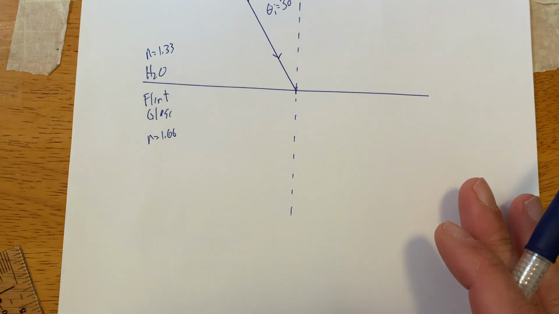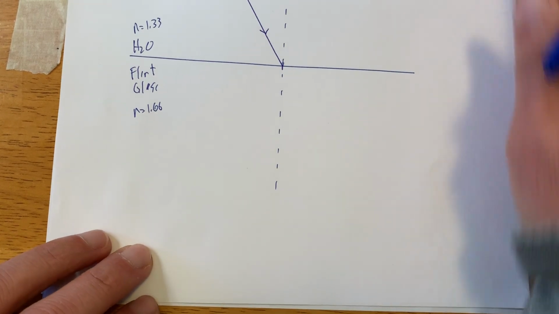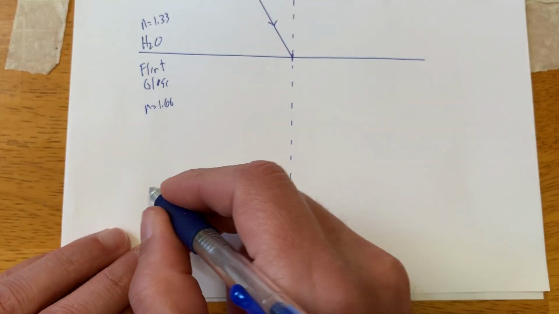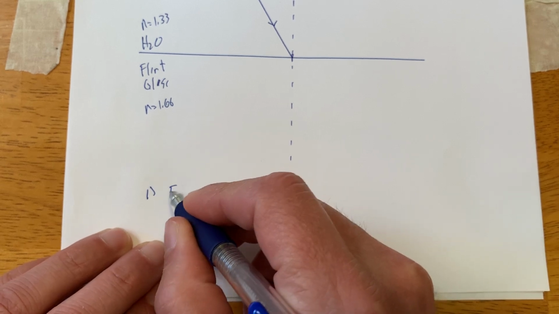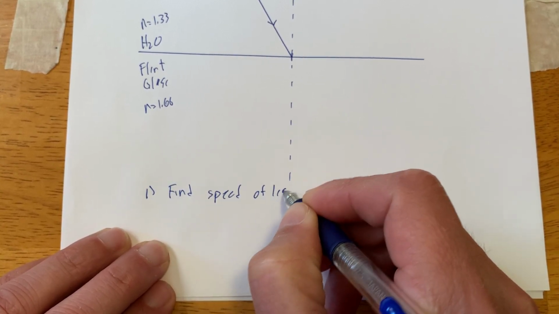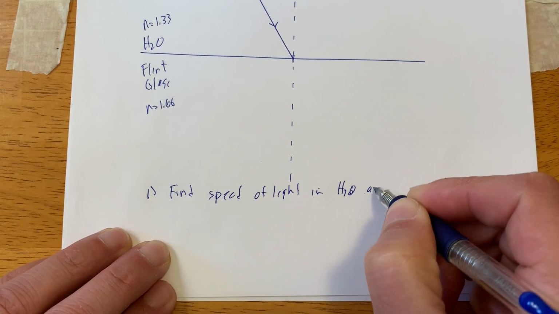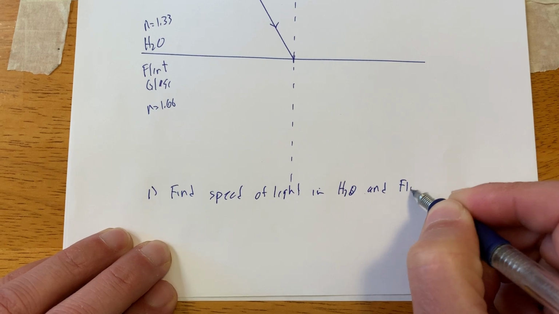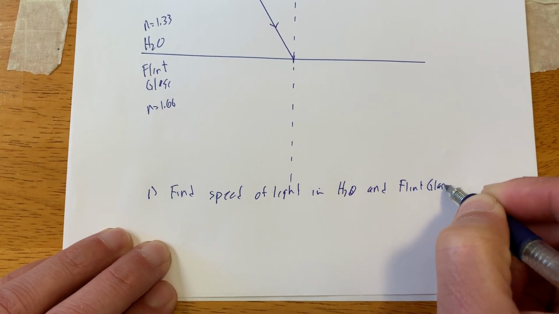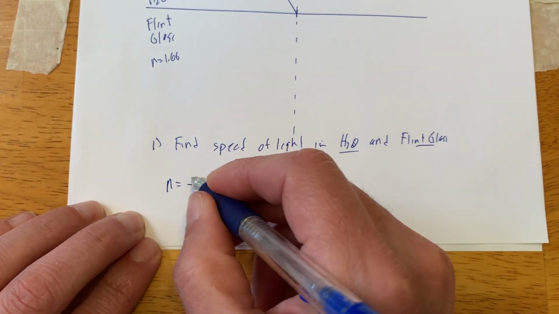Now, what I want to do is answer a couple of questions here. I'm going to ask a couple of questions, and we'll take it step by step, and we'll see what happens. Okay, so first question, 1. Let's find the speed of light in H2O and flint glass. How am I going to do that? n is equal to c over v.